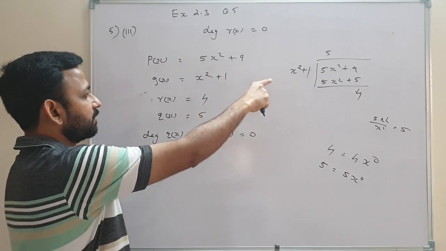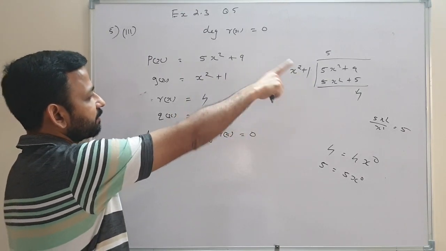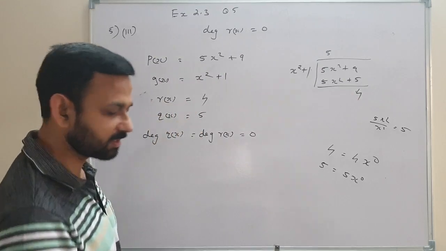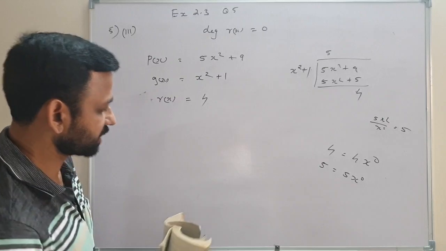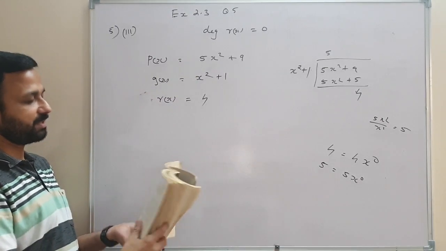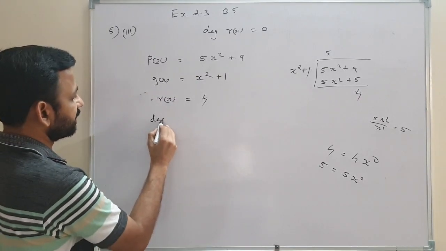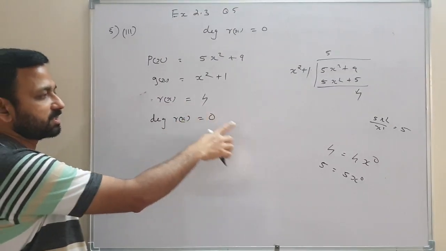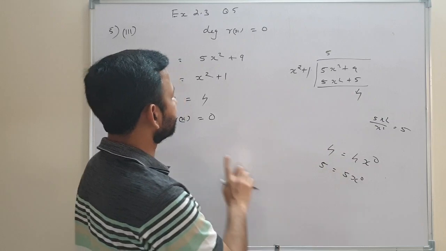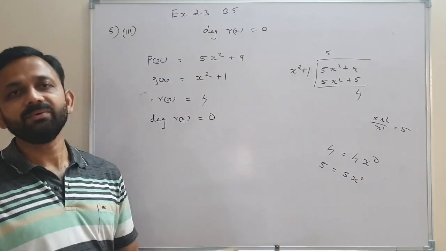When we divide, the remainder r(x) is equal to 4, and the quotient is not important. Only one condition, the degree of r(x) should be 0. So we can write the degree of r(x) equal to 0, because this is a constant polynomial, so its degree is 0.